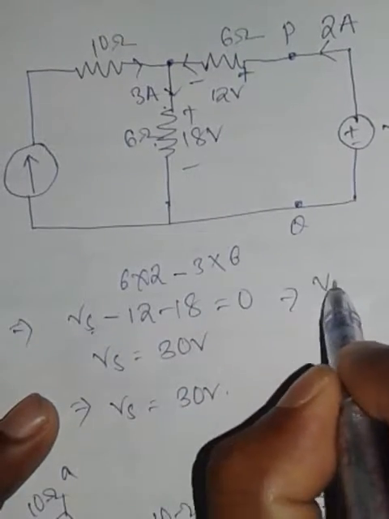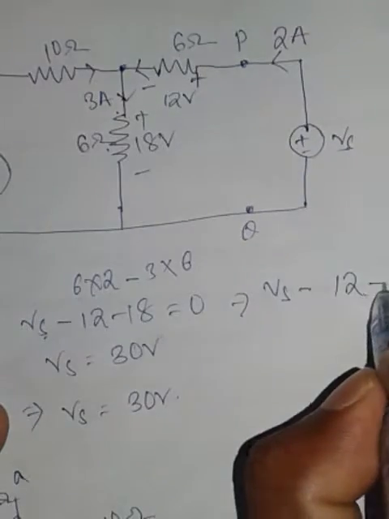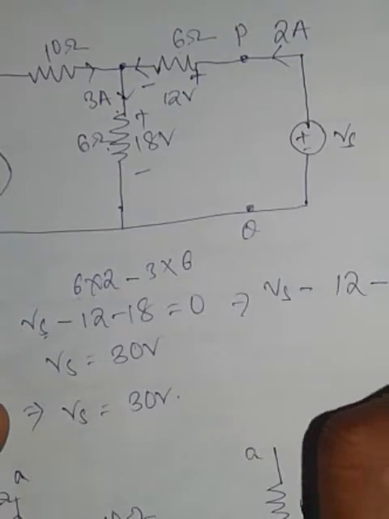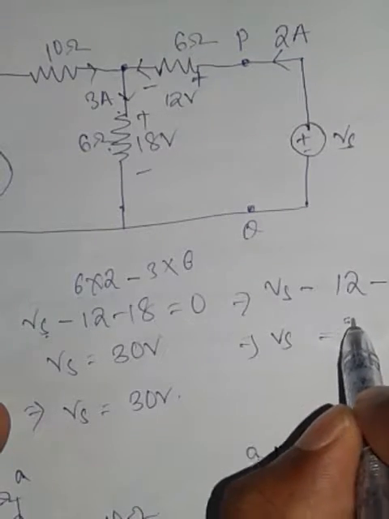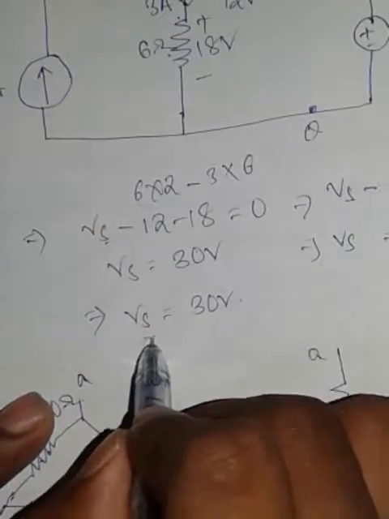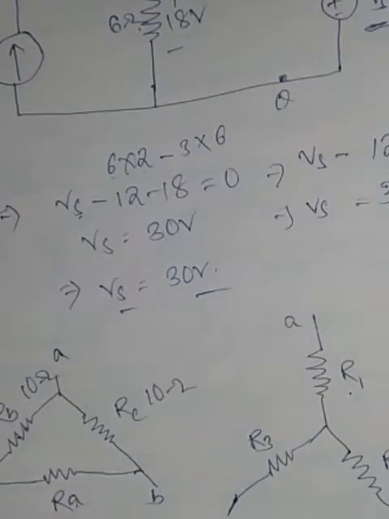So it will become Vs minus 12, 6 into 2 is 12, minus 3 into 6 is 18, is equal to 0, so Vs is equal to 30 volt. So the value of the voltage source will be 30 volt.